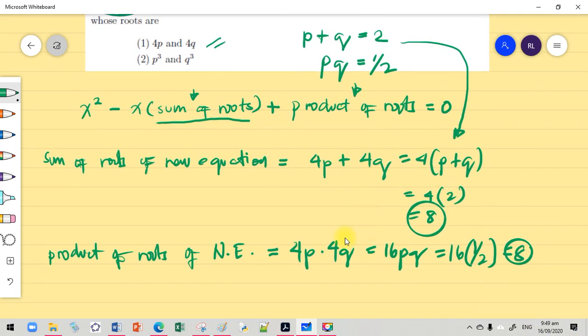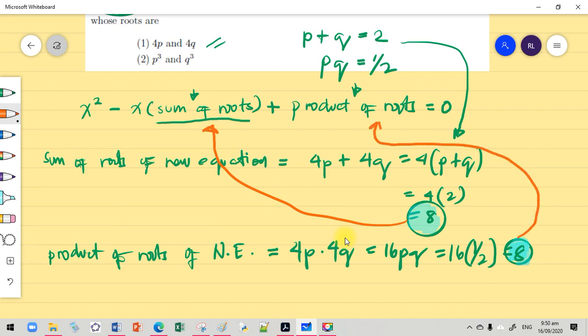So using this and that one, we can substitute that there and there. Then we have the new equation.